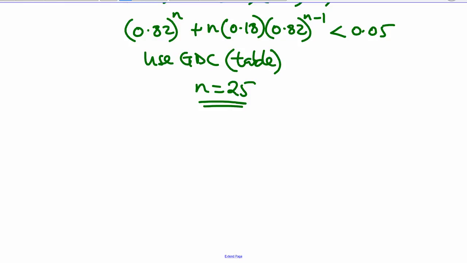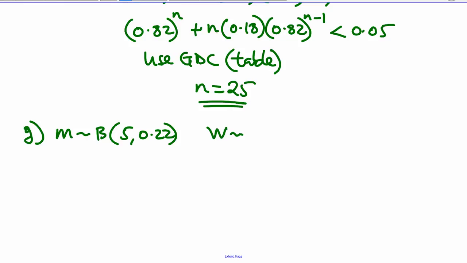Anyway, let's start with the men. I'll use the variable M for men. So M follows a binomial distribution with parameters 5 and 0.22.